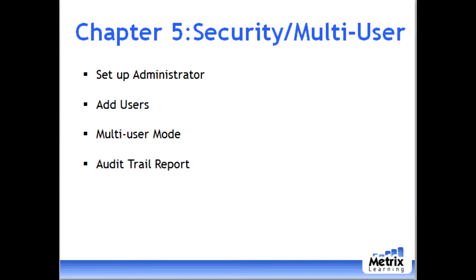To assign both an administrator and users, select Company from the menu, Set up Users and Passwords, Set up Users. For administrator, you will then enter the administrator's name, password, and challenge answer or security question. To set up a user, you will add the user's name, create a password, and designate the level of access to each area of QuickBooks.